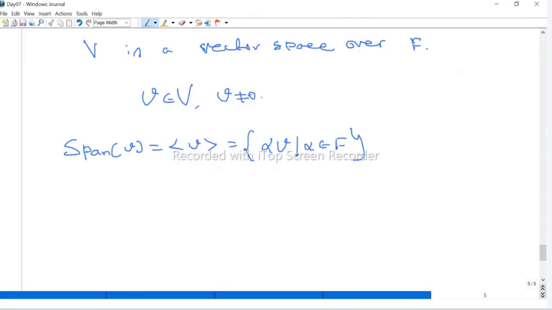Now this is a subspace spanned by the single vector v. So clearly this subspace contains v, because if we take alpha equal to 1, since the field contains 1, this small v should be in the span of v. Therefore, we can easily show that span of v is a subspace contained in V.